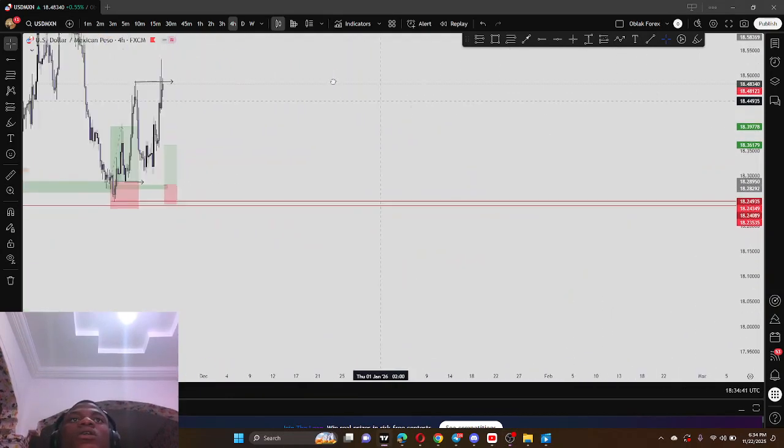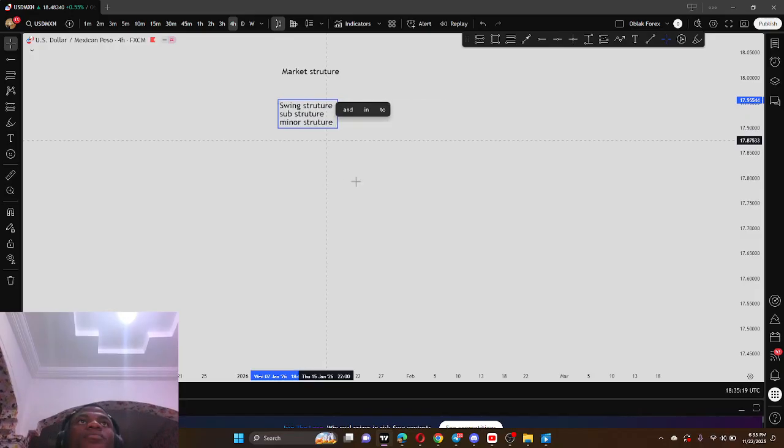Today I really want to talk about structure, market structure, and all of that. So I'm going to write it down here. We're talking about market structure today, and when we talk about market structure, we classify it into three places: swing structure, substructure, and minor structure.